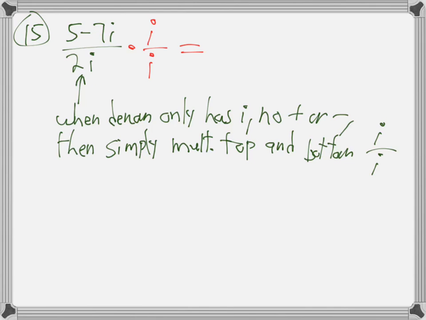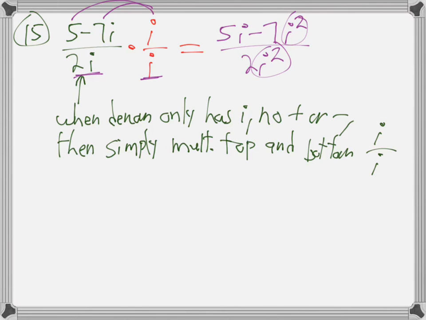All right, let's carry it forth. So this i will go to both those, right? So we'll get 5i minus 7i squared on top, and on the bottom 2i times i, 2i squared. What now? Yeah, these become -1, don't they? We never leave i squared.